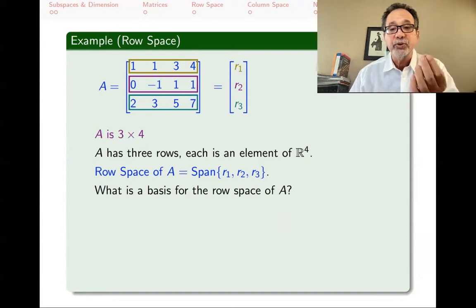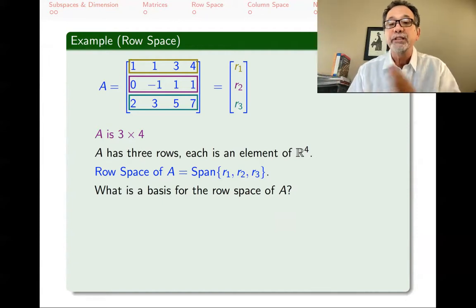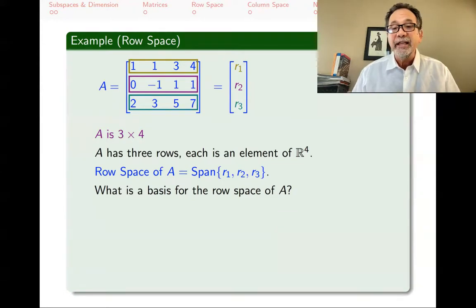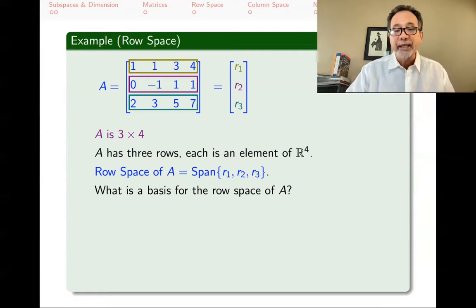From the first element, you ask, are you the 0 vector or not? And from all the subsequent vectors, you ask, are you a linear combination of the ones before? You put them in some specific order. And if the answer is yes ever, you throw that vector out. By the time you get to the end and all the answers are no, you have a basis.